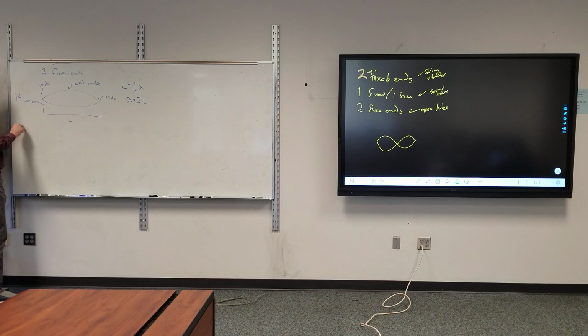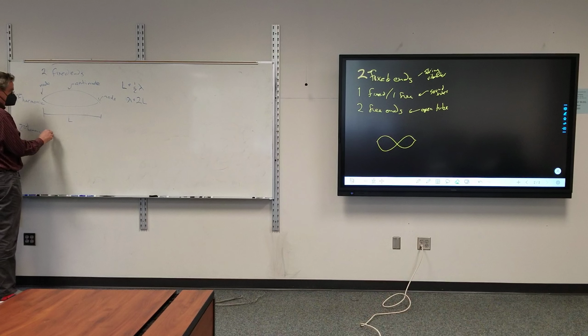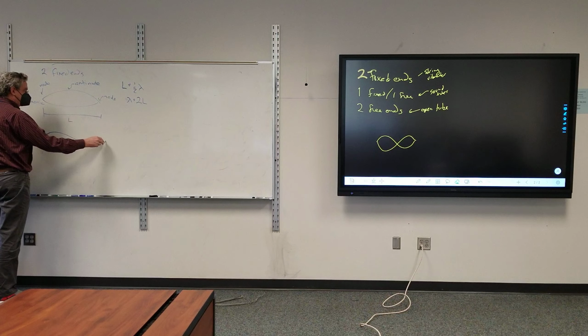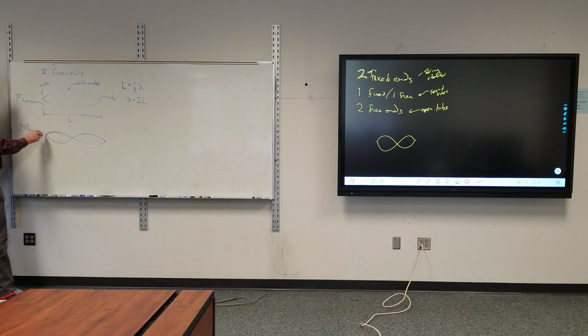The second harmonic: every time you add a harmonic, you basically are adding half a wave, or adding an antinode and a node. How many waves is this? 1.